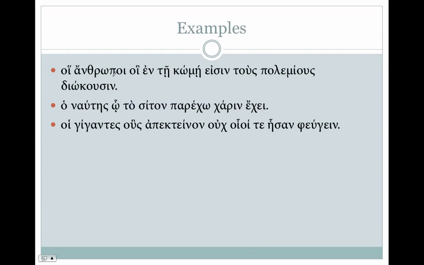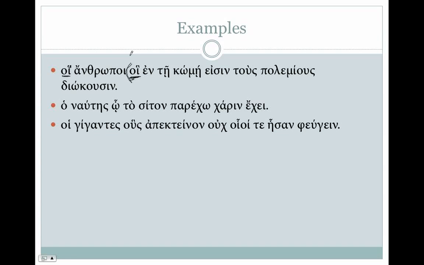Here are three. Hoi anthropoi. This should be hoi with no accent, because this is the article. Hoi anthropoi, hoi ente kome eisen, tus polemius diokusin. There's our relative pronoun. So as I'm reading, I see the men, and relative pronoun, I'm going to mentally, or physically, put a bracket there.